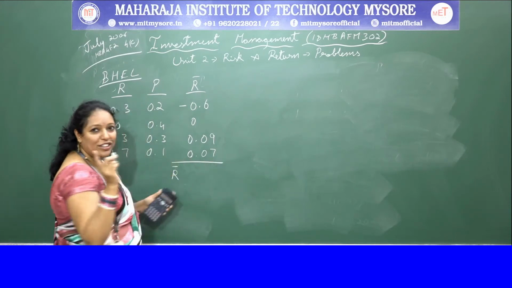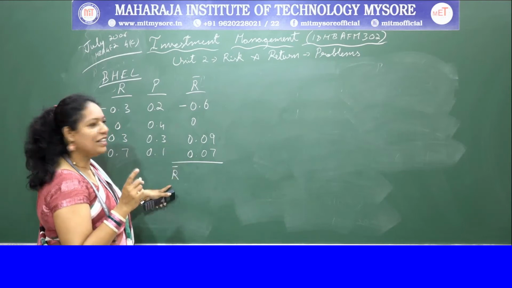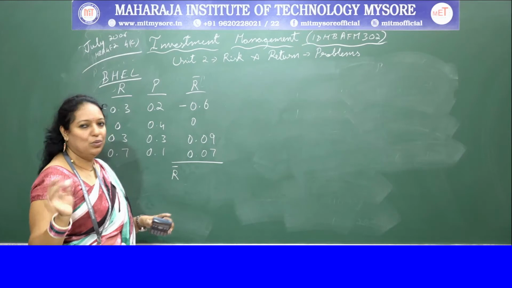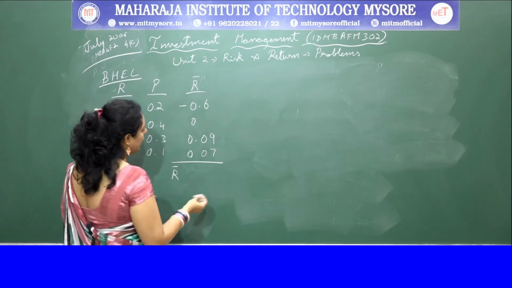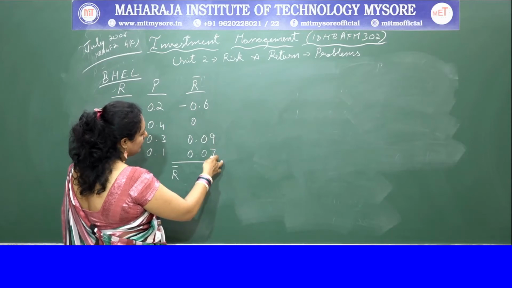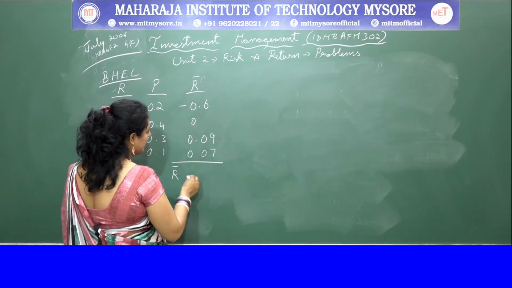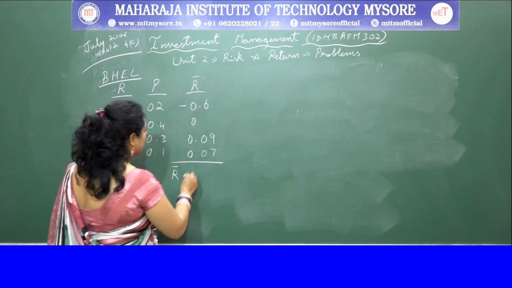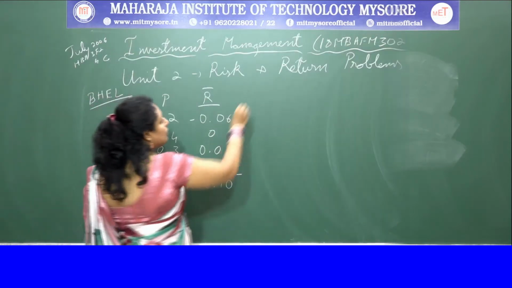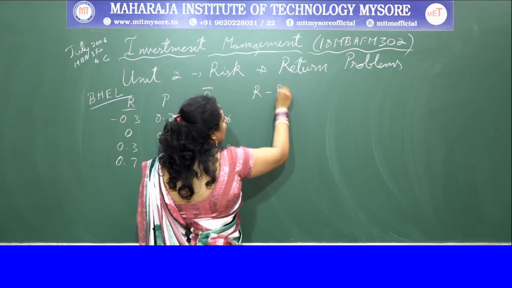I told you, in a discrete series, the total itself is R bar. If it's an individual series, we do n minus 1. So we need to add up. That is 9 plus 7, 16 minus 6, it is 0.10. Then you have to calculate R minus R bar.